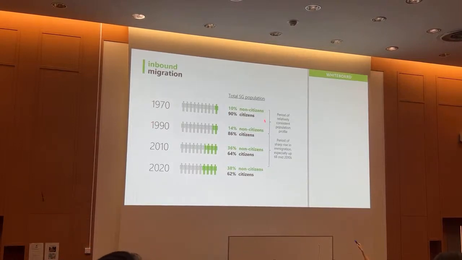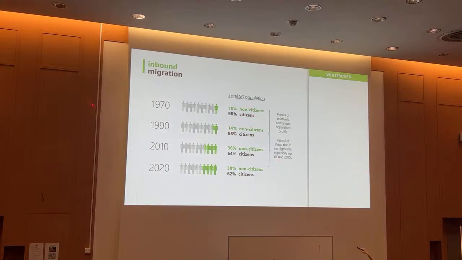If you look at the demarcation, there seem to be two eras within this timeline. During the first 25 years of Singapore independence, the population profile of Singapore was quite consistent. For 25, 30 years or so, Singapore would have about 90% of the population being citizens and the rest being non-citizens.